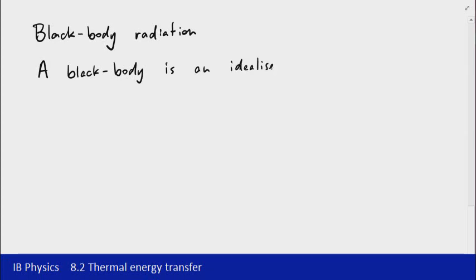What we mean by idealized is that black bodies don't actually exist, they're not real. We can have some objects that are pretty good approximations to black bodies, such as stars, for example, but ultimately a black body is one that absorbs all of the electromagnetic radiation that falls on it.